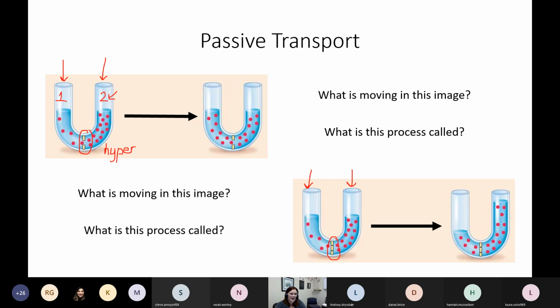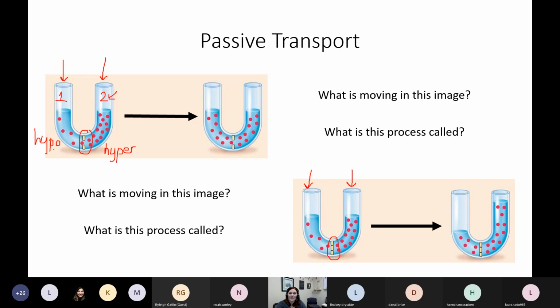Perfect. Okay. So just like we had with those directional terms, where the opposite can be used, when I say that tube number 2 has a solution that's hypertonic, I could also say that tube number 1 has a solution that's hypotonic. The concentration is lower.